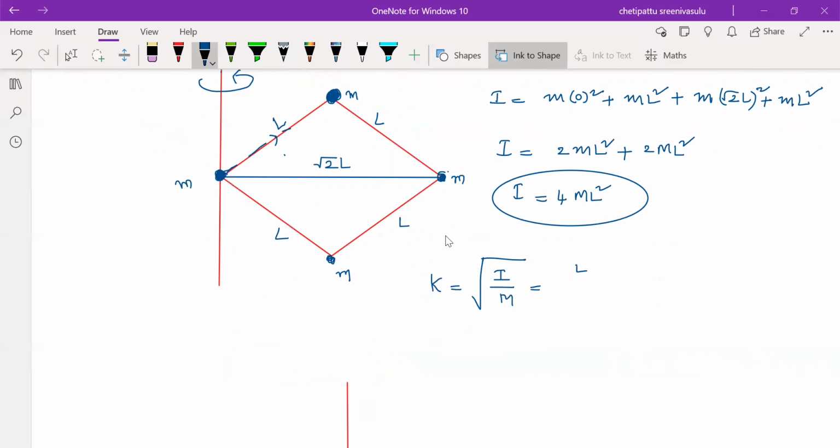Here I is 4 ml square, and you can take small m or capital, no problem. The total mass is 4m. The 4m gets cancelled, which equals L. The radius of gyration is L in this case.